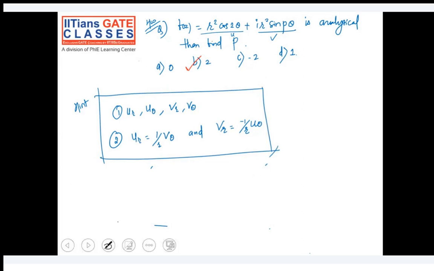Next type of question I'd like to give you: if v is given as v(r, theta) = 3r square sine of 2 theta plus 2r sine theta plus 7.